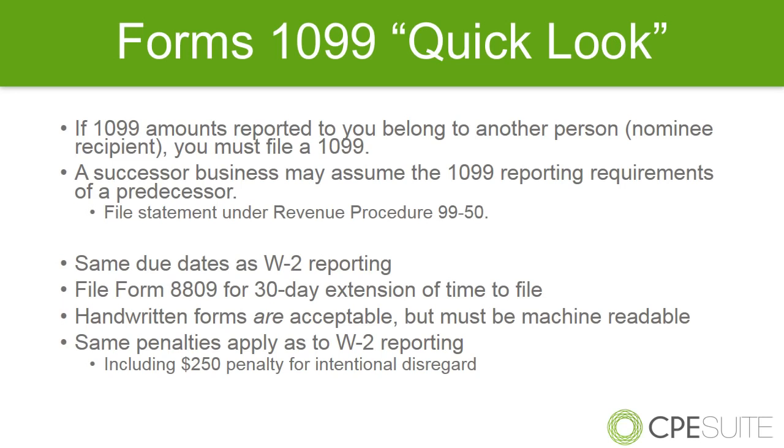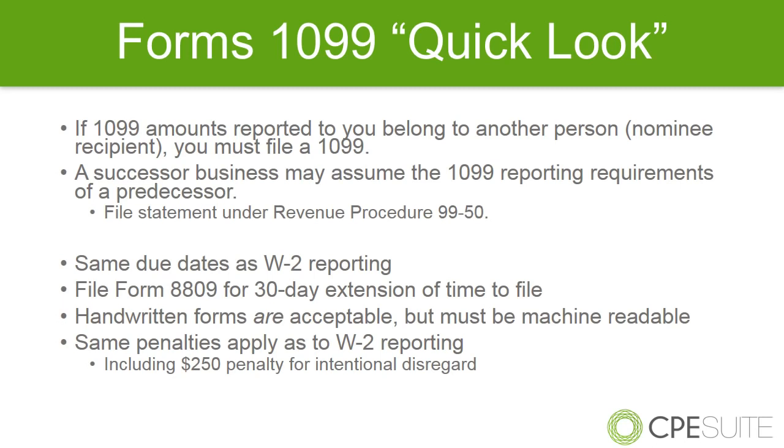Another thing I want to mention real quick, it's not uncommon, especially in the tax resolution world, for there to be a predecessor business and a successor business. So this can be a part of one of the strategies that we use to resolve a tax liability. There are specific situations where this is involved. There could also be situations where a business is acquired and we have a predecessor successor issue.